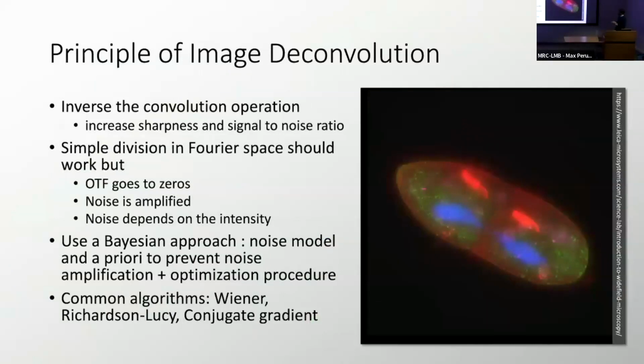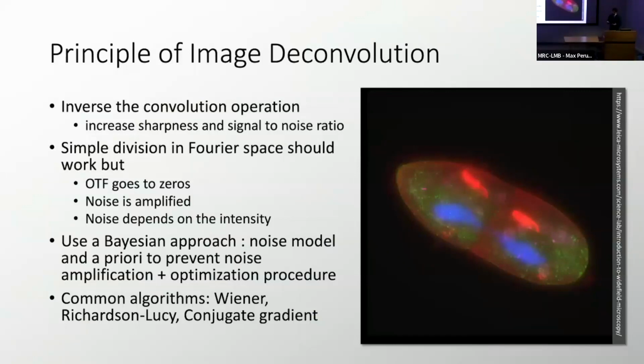The thing it doesn't do is denoise. Some people say denoise, but it doesn't denoise. It amplifies the noise because the main problem is that our optical transfer function, which is the Fourier transform of the PSF, basically this bright circle we have when I make the mask in Fourier space, goes to zero outside the optical transfer function, but the noise doesn't go to zero, so it ends up being amplified.